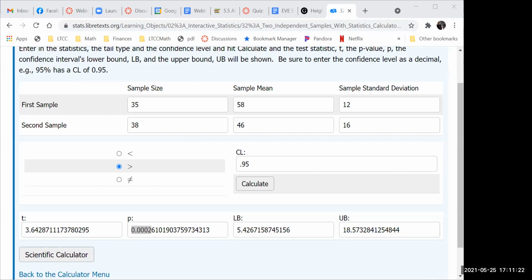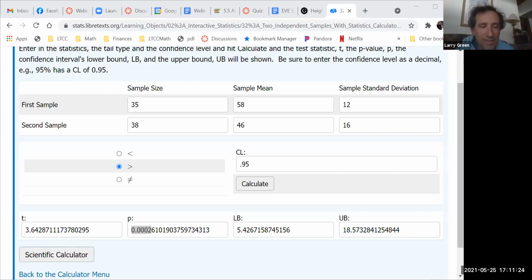Statistically significant. Yeah, statistically significant, because it would be very, very unlikely, had they had the same population mean number of minutes per day cooking, for us to do a study of 35 women and 38 men and have such a difference.